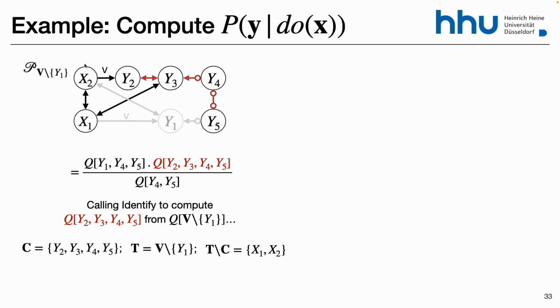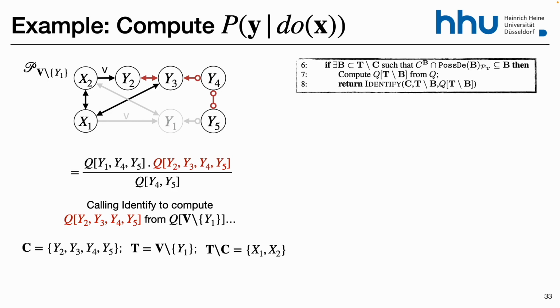So I have a different graph now. The PT is not everything now. It's removing the y1, so that's why it's in gray. So our graph is just what's not in gray. And I want to see again if there's any bucket in the set x1 and x2 that satisfies this condition now in this graph where I removed the y1.